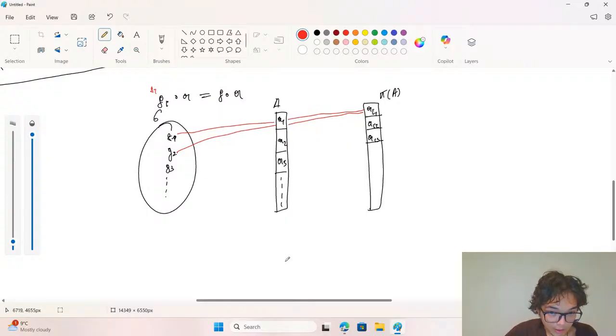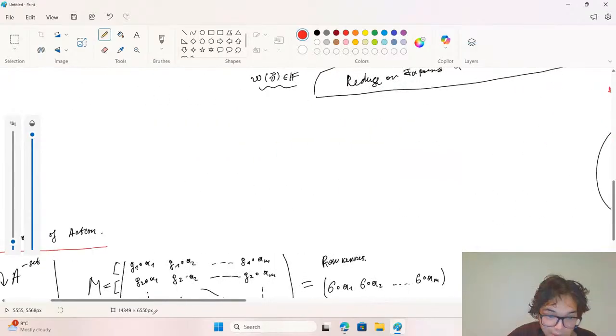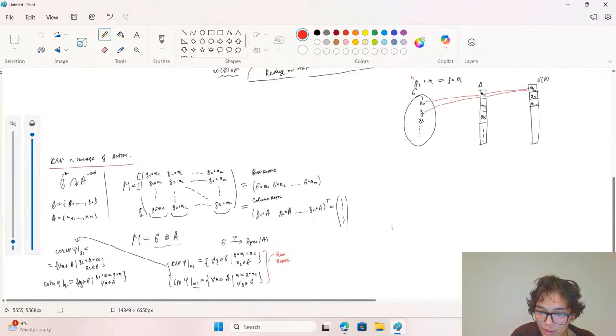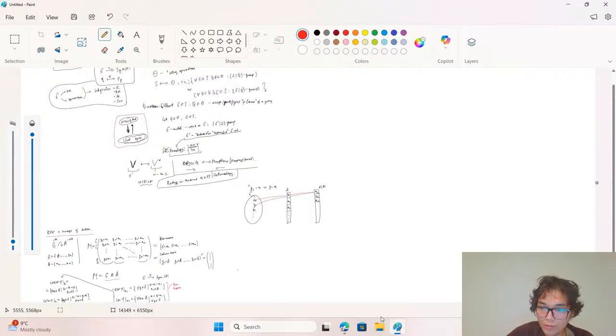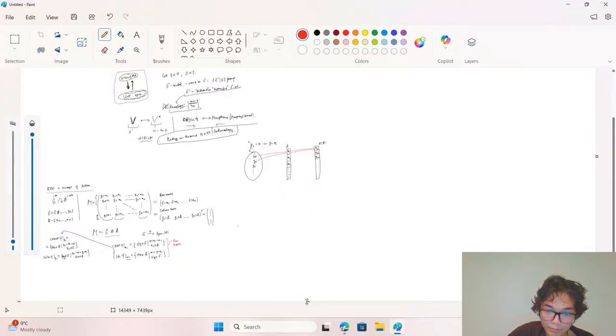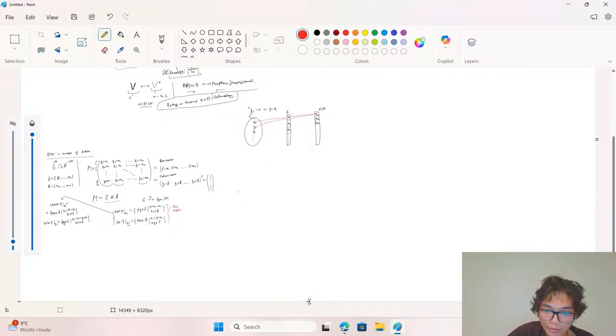But we also want to check whether the image and co-image are really subgroups of the corresponding G and A. Let me expand my board so I can write more.